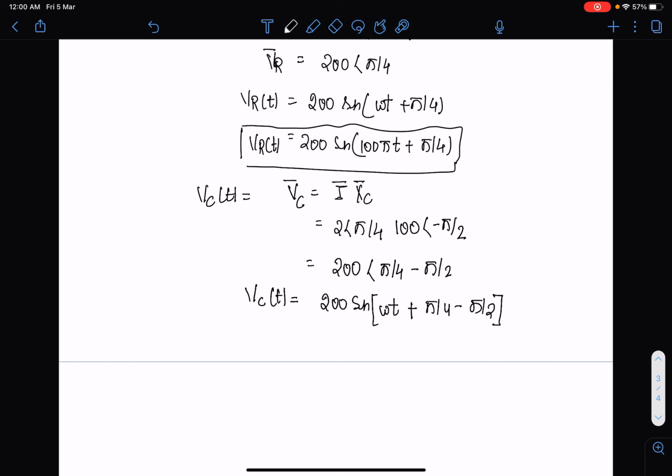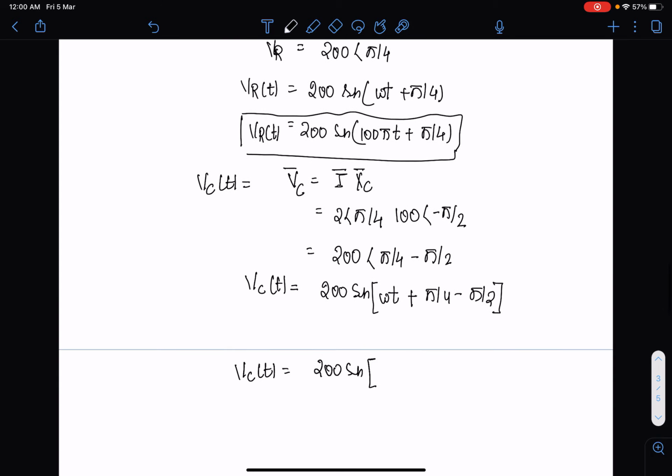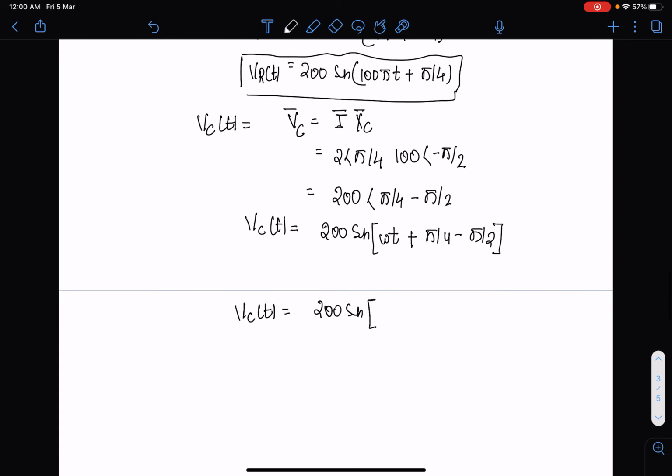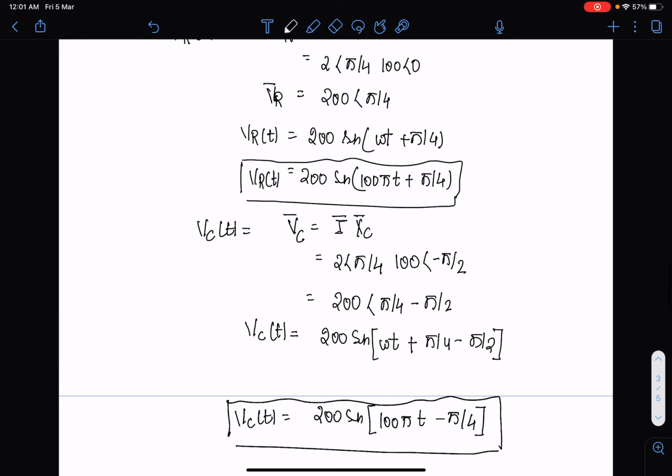So this can also be written as: the voltage across the capacitor as a function of time is 200 sin(ωt). The value of ω we have already calculated, it is 100π, so 200 sin(100πt + π/4 − π/2), so this becomes minus π/4. So this is the expression for the voltage across the capacitor as a function of time.